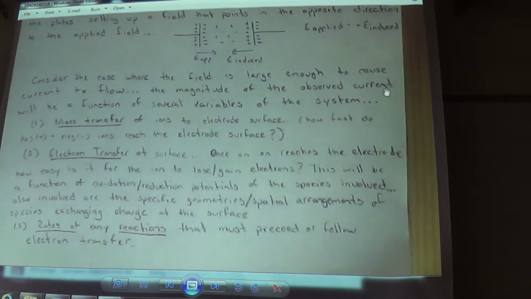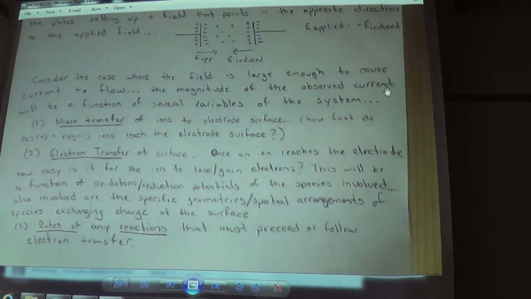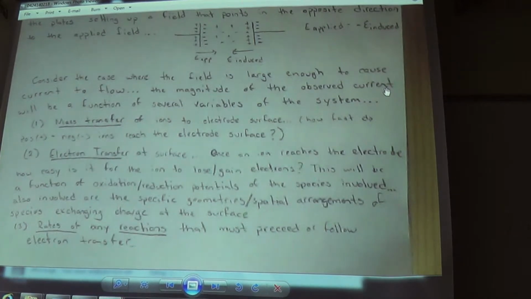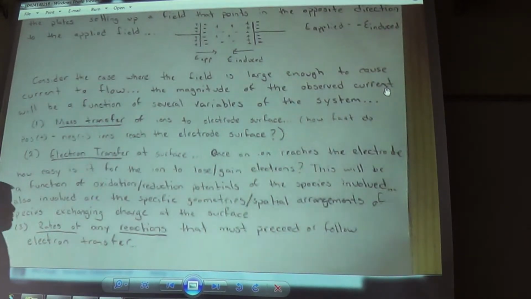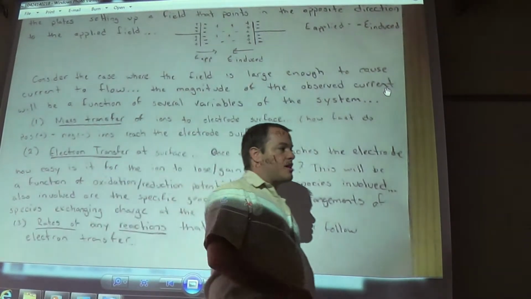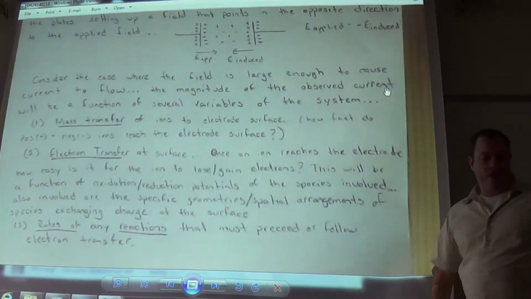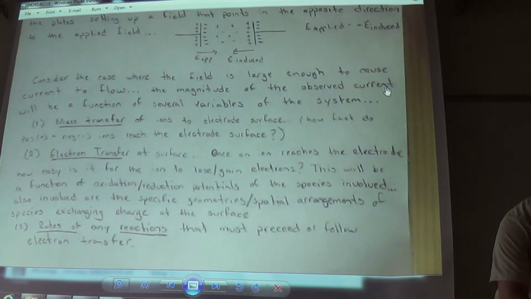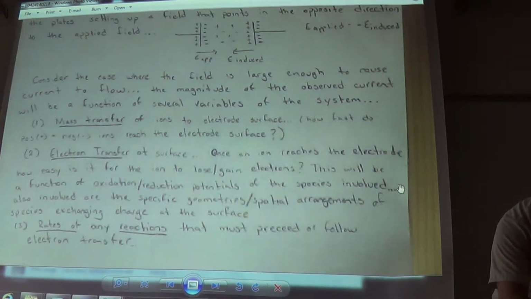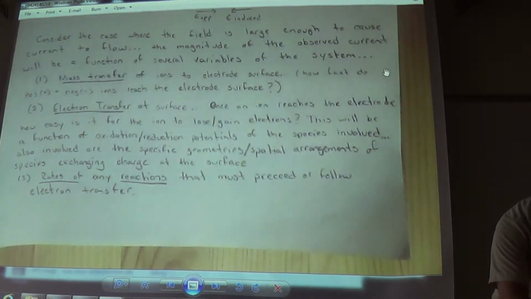But essentially, we've got mass transfer, how fast is the ion moving in solution, we've got electron transfer, once the thing gets to the plate, how quickly does that electron pop off, and we have rates of any other reactions relative to the process.